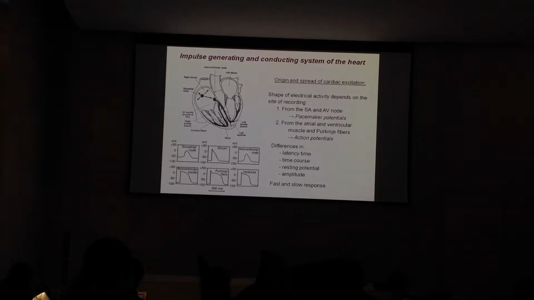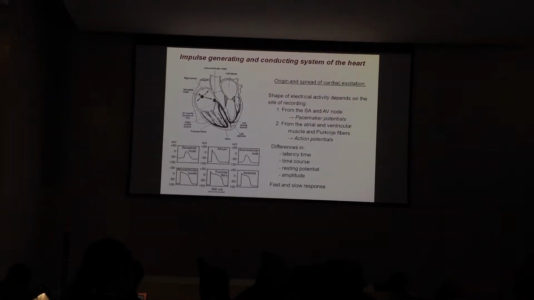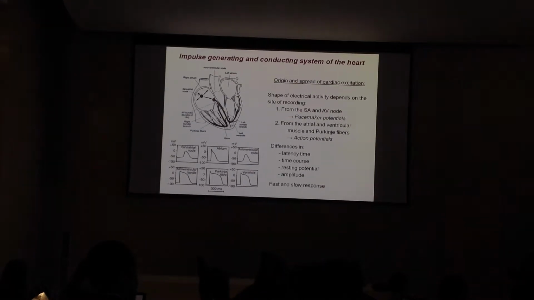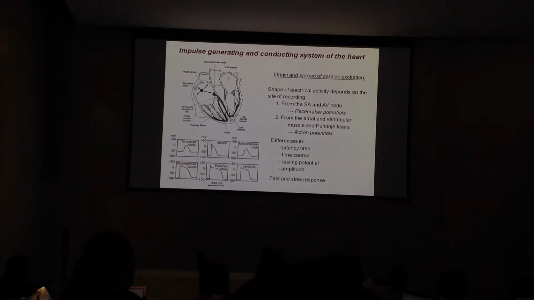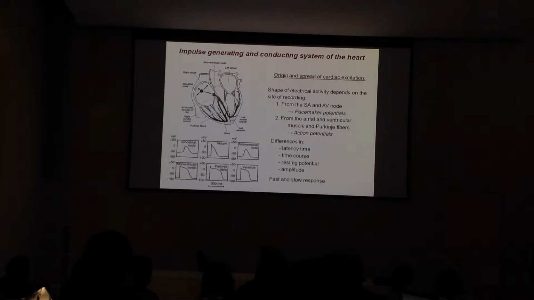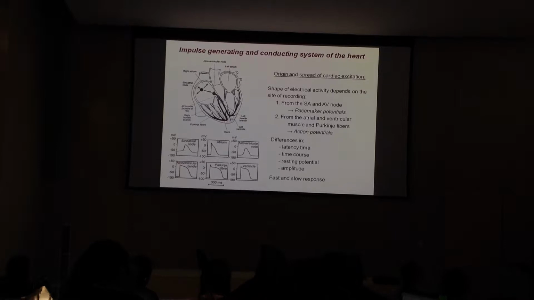Now the question is, what is the ionic mechanism of the pacemaker activity? And what are the most important properties of the action potentials in the working muscle fibers, which are responsible for the contractile response?